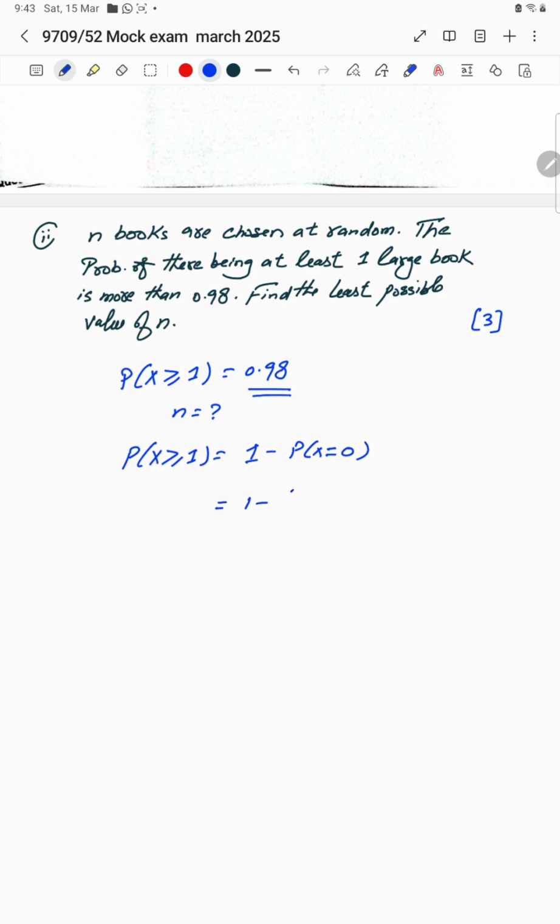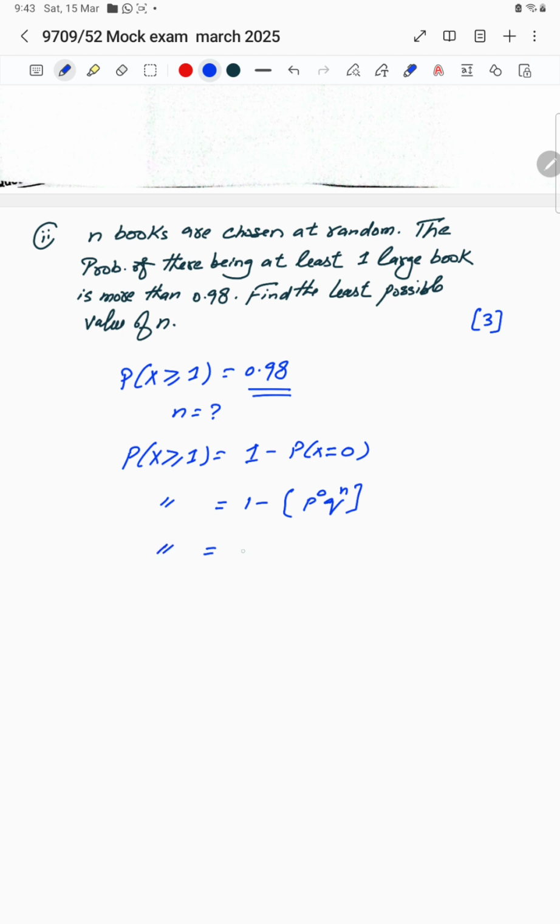So 1 minus probability of x is 0, meaning p power 0 q power n. We don't know what is n, so let n be n. And this is given to be 0.98, right?